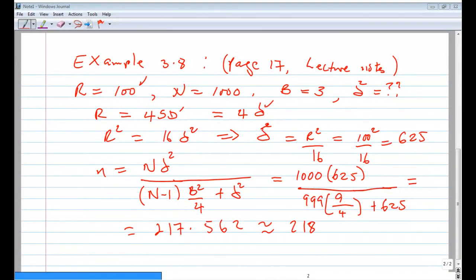Now, I want you to do example 3.9 down there. So this one was example 3.8.